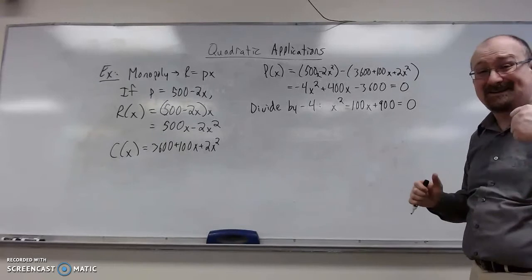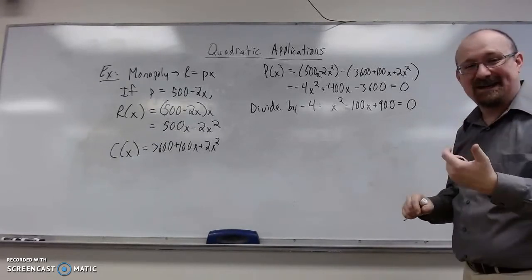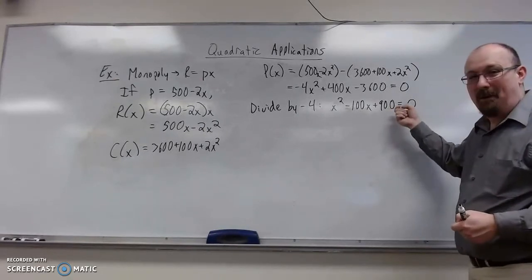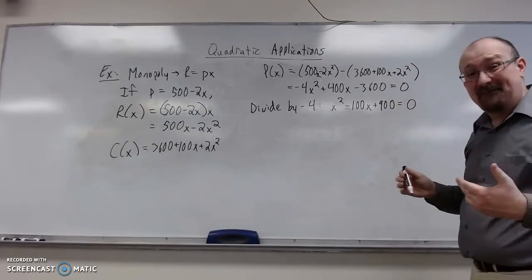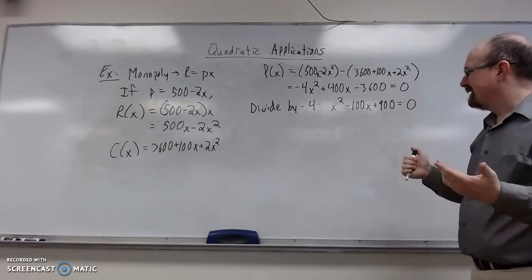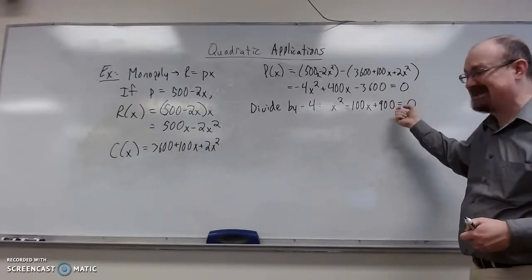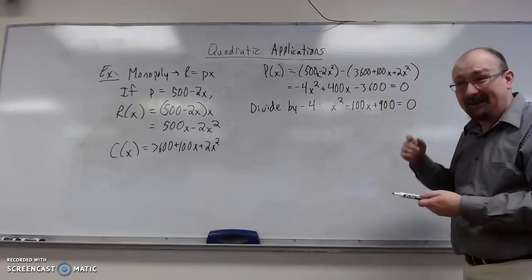You can, and you will get to the exact same place. It just happens that the factorization ends up rather clean here, because we need two numbers that multiply together to give us 900, but add up to give us -100. 900 has a lot of factors, but you may notice 90 times 10 is 900, and if we put a minus in front of each of them and add them up, we get -100.